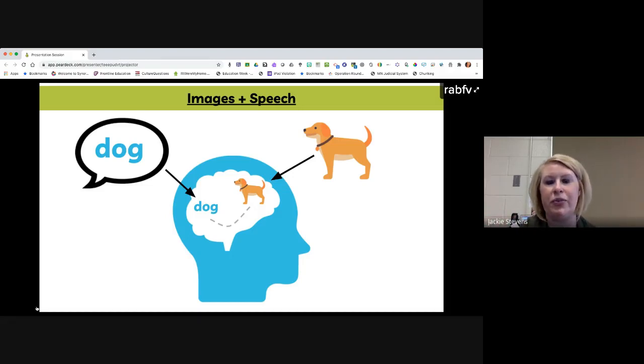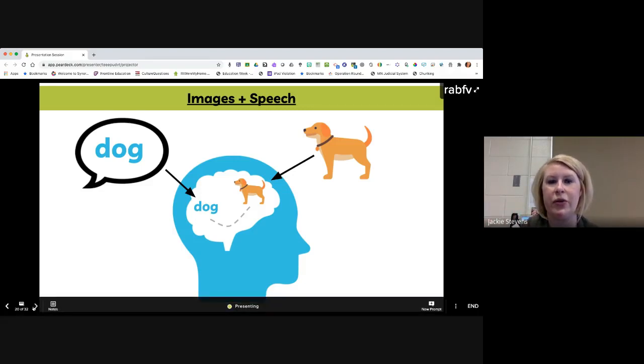Now, this image is pretty simplistic with a dog and the word dog, but anytime you have a visual representation of a concept, if you match the explanation of that concept with an image of that concept, students are going to be able to make better meaning out of that for sure.